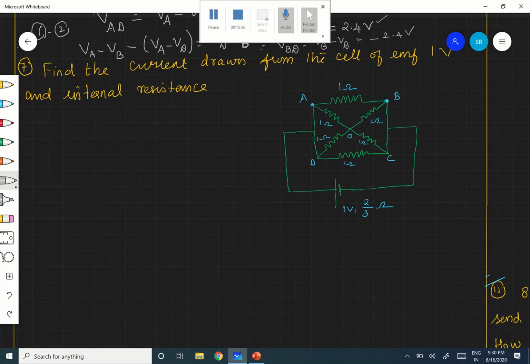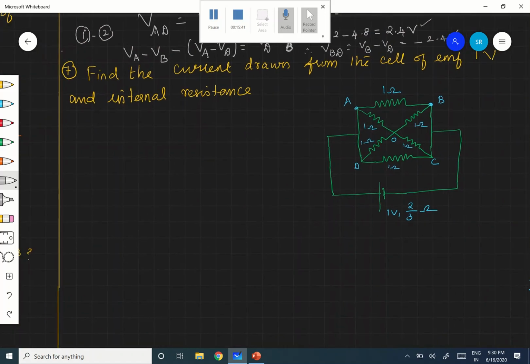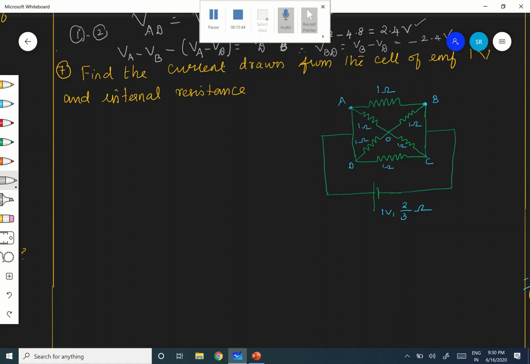Next one is, find the current drawn from the cell of EMF 1 volt and the internal resistance 2/3 ohm connected to the network shown.